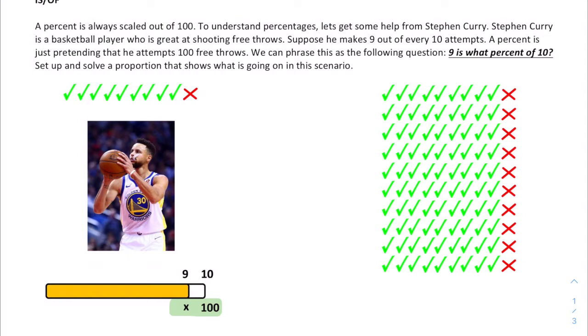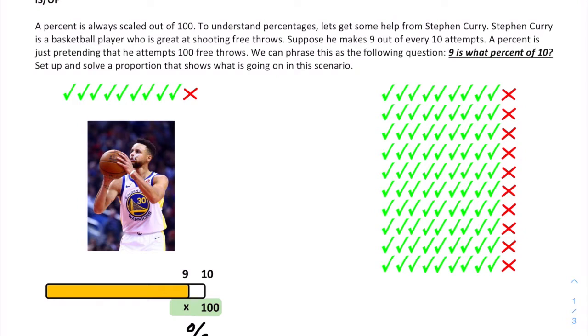Okay, so this is x percent and 100%, because if you look at the question, 9 is what percent of 10? So we're looking for the percent, so that's why there's an x there. So just remember that we have percent down on the bottom here. And the numbers up on top are his actual free throws. So the gold bar represents he made 9, and then the whole bar represents the total number of shots that he took, or 10, right?